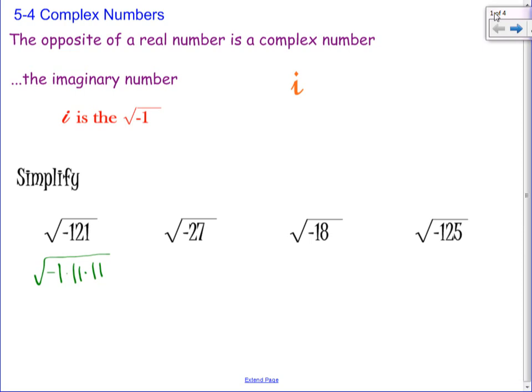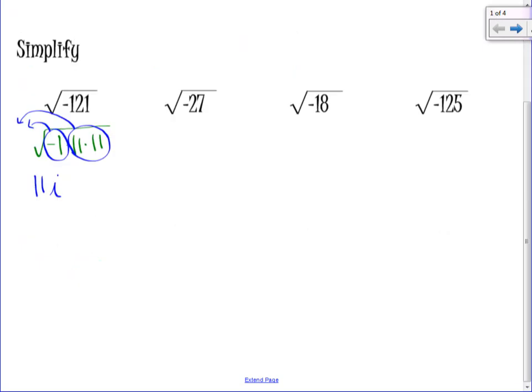Remember, we're looking for pairs of numbers. And anytime you see a -1, that comes out as an i. So if we take both of those out, we're left with 11i. To make it cursive, you just make this little tail on the front end of it.